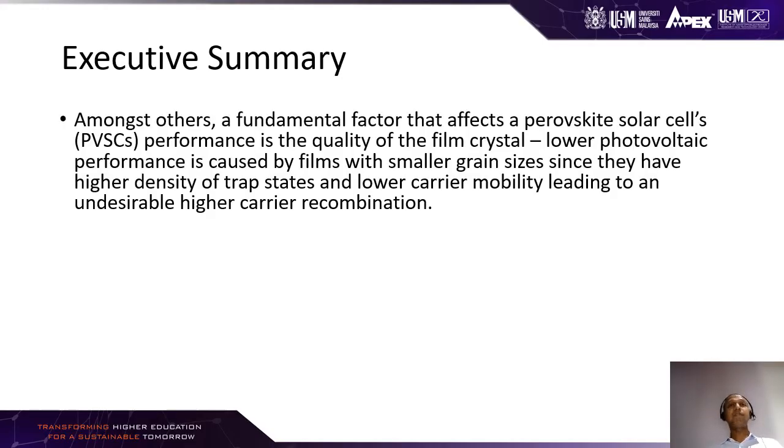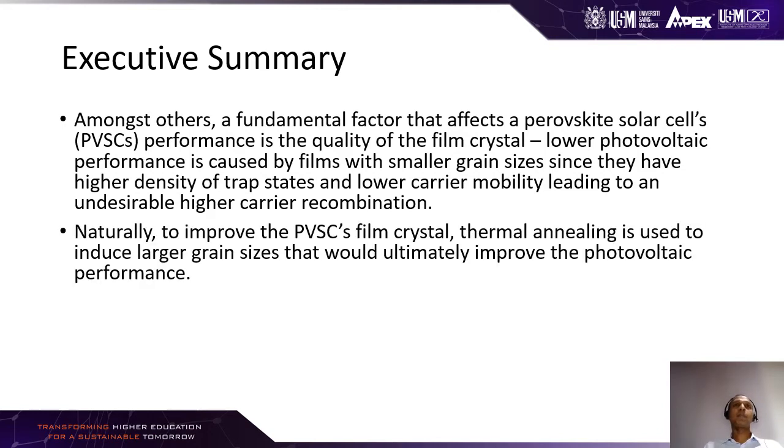Amongst others, a fundamental factor that affects a perovskite solar cell's performance is the quality of the film's crystal. The lower photovoltaic performance is caused by films with smaller grain sizes, since they have a higher density of trap states and lower carrier mobility, leading to an undesirable higher carrier recombination. Naturally, to improve the PVSC's film crystal, thermal annealing is used to induce larger grain sizes that would ultimately improve the photovoltaic performance.